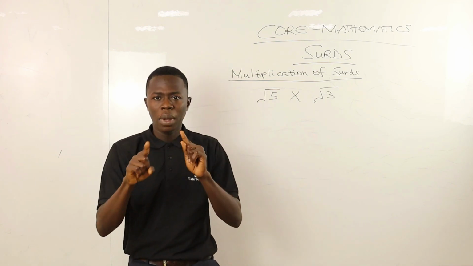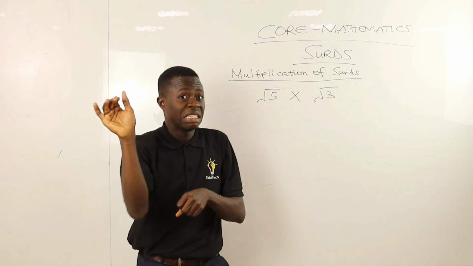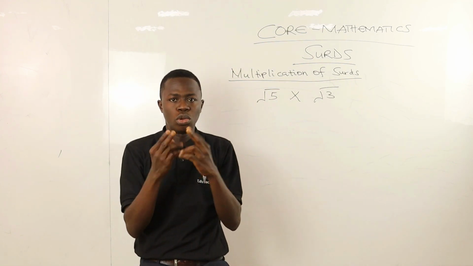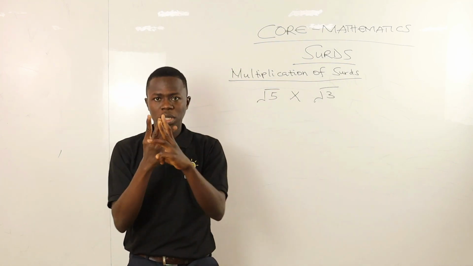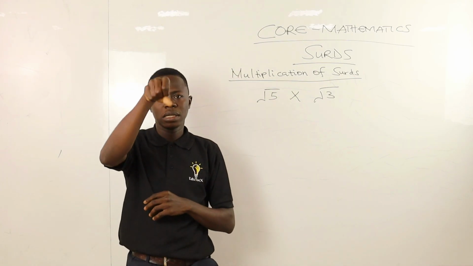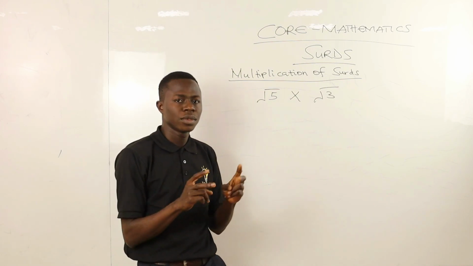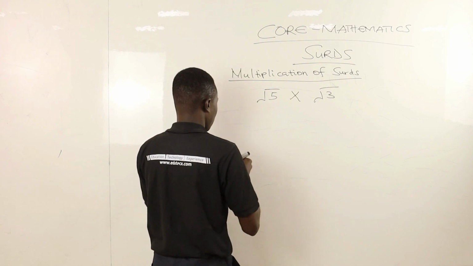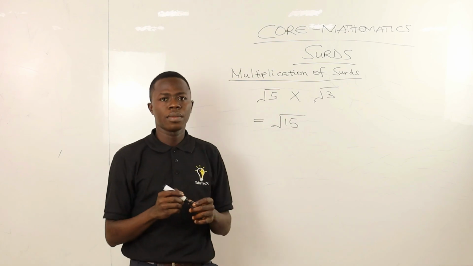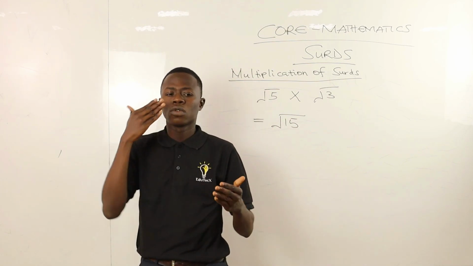But you remember that for multiplication, we can multiply them whether they are the same or not the same. So try doing something. Can you multiply square root of 5 by square root of 3? Yes, you can. When you multiply, the answer will be square root of 15. This is the proper way of solving a question like that.